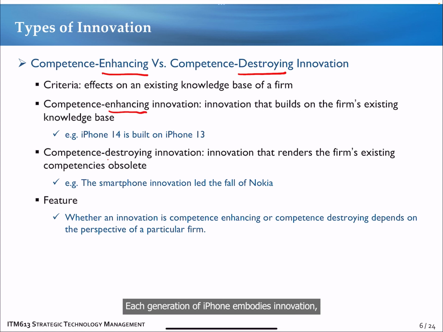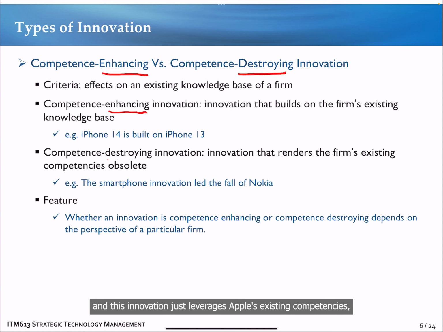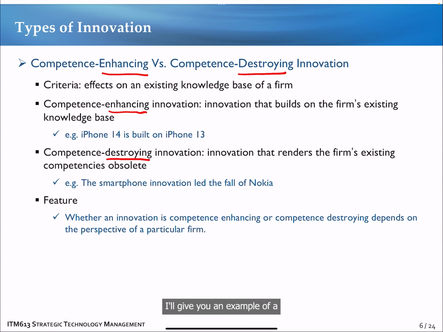Each generation of iPhone embodies innovation, and this innovation just leverages Apple's existing competencies, making them more valuable. However, if an innovation renders the firm's existing competencies obsolete, it is competence destroying. I'll give you an example of competence destroying through a video clip.